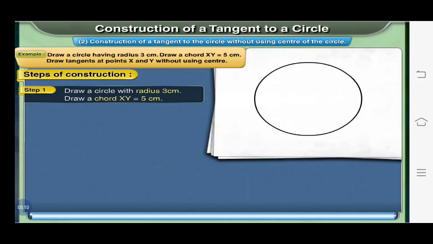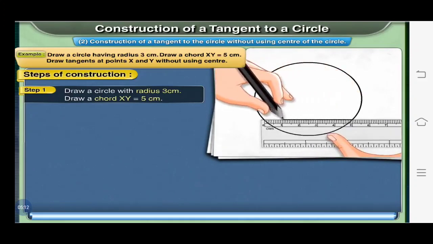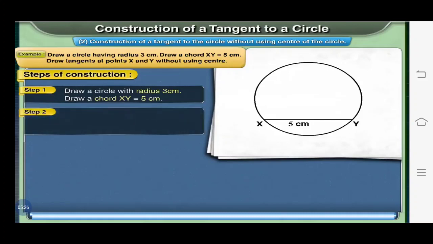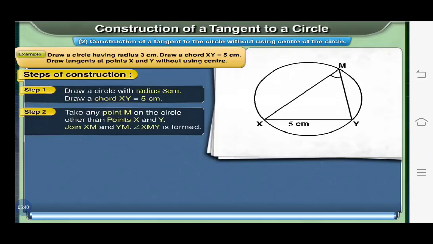Now, we have to construct tangents at points X and Y. Let us construct the tangent at point Y first. Step 2. Take any point M on the circle other than points X and Y. Joining XM and YM, angle XMY is formed. Now, we have to construct an angle which is equal to angle XMY.